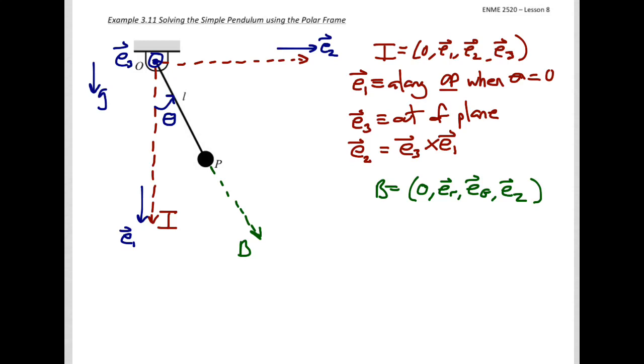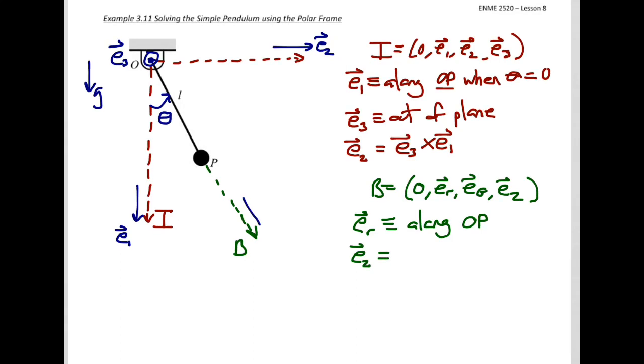And so our first basis vector, E sub r, we're going to define as just along OP. It's not along OP only when theta is equal to 0, but it's along OP no matter what. Let's put that basis vector on there. There's our E sub r. And then E sub z we're going to set equal to E sub 3, so E sub z is also pointing out of the page as a result.